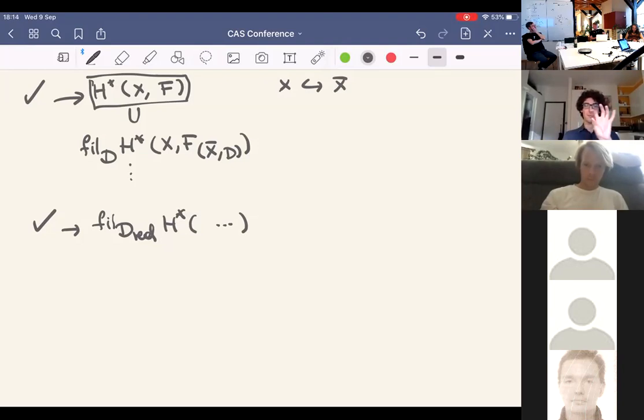The inclusions of divisors which appear in the condition of a log correspondence make not so much sense if you take non-effective divisors. It's not clear, but it's certainly a central question. Okay, some other questions?